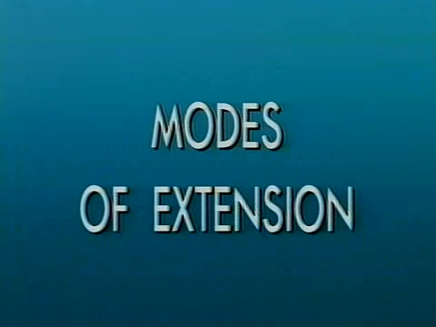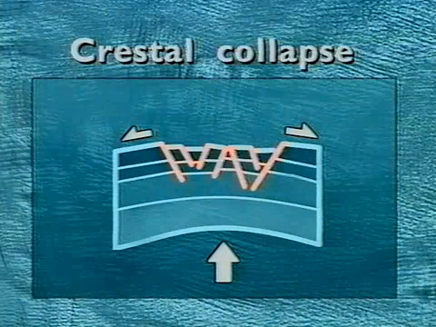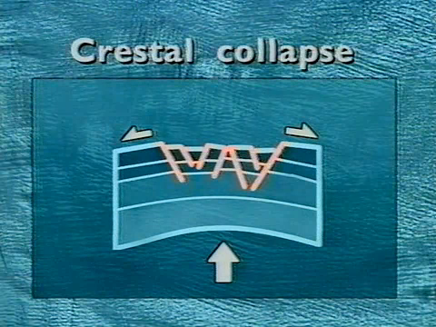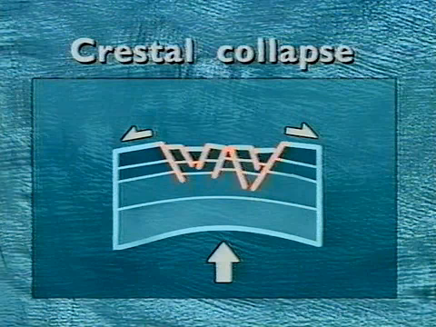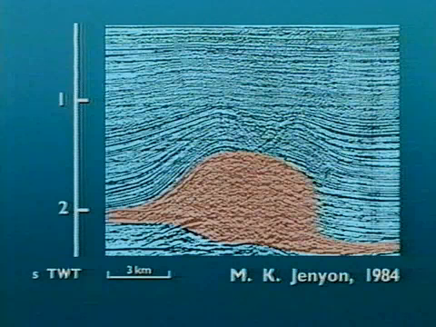How can we reduce the horizontal stress? Several modes of extension have been proposed. Locally and on a small scale, reduction of horizontal stress and extension may occur at the crest of anticlines or at the crest of diapirs.